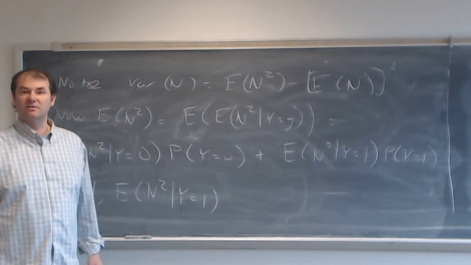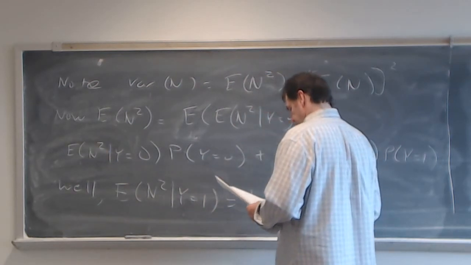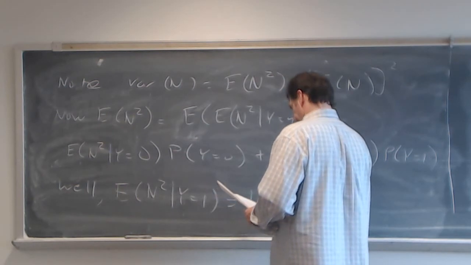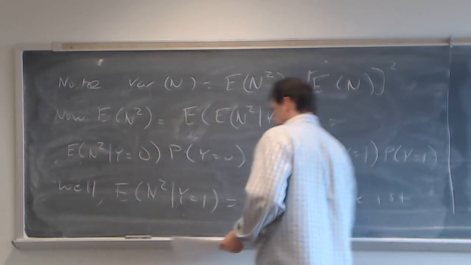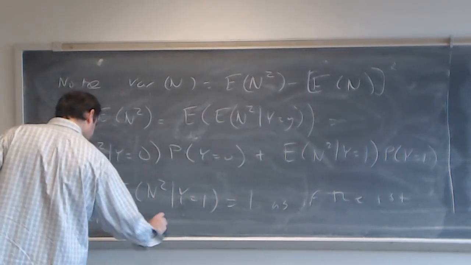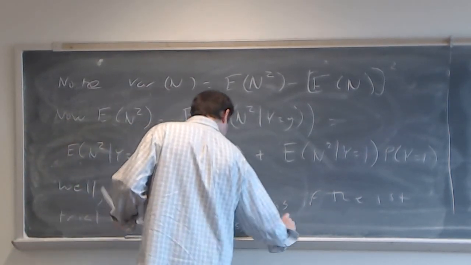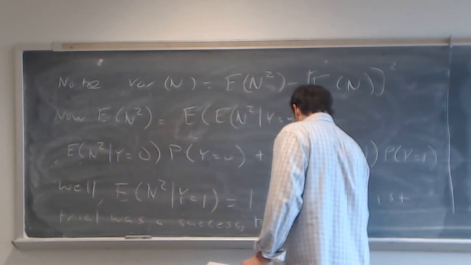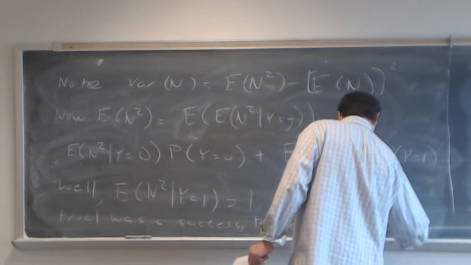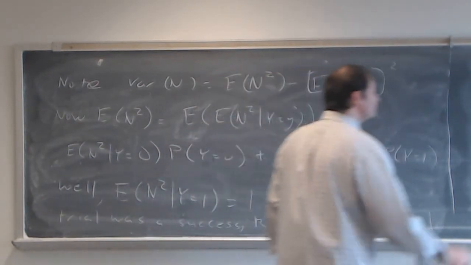What should be the expected value of N squared, the number of trials needed? Well, that should just be 1. As if the first trial was a success, the expected value of N squared is 1.